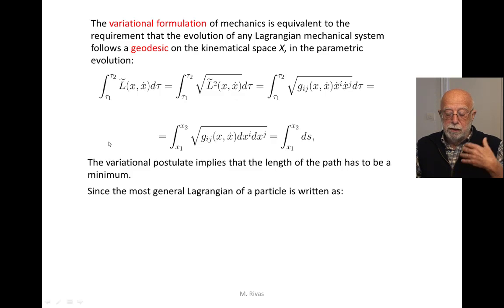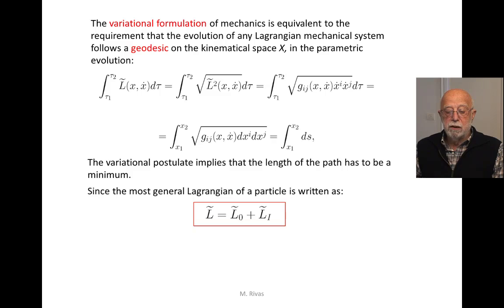Well, in our case, if we are analyzing an elementary particle, the most general Lagrangian of an elementary particle will be the free Lagrangian and the interacting Lagrangian. But the kinematical space of the whole system is the same. The kinematical space of the total Lagrangian is the kinematical space of the initial system of the elementary particle.